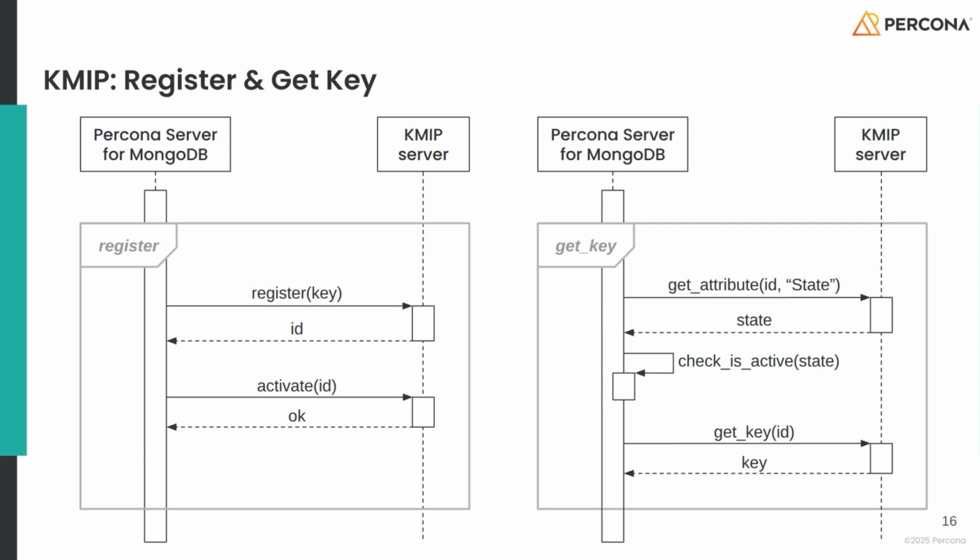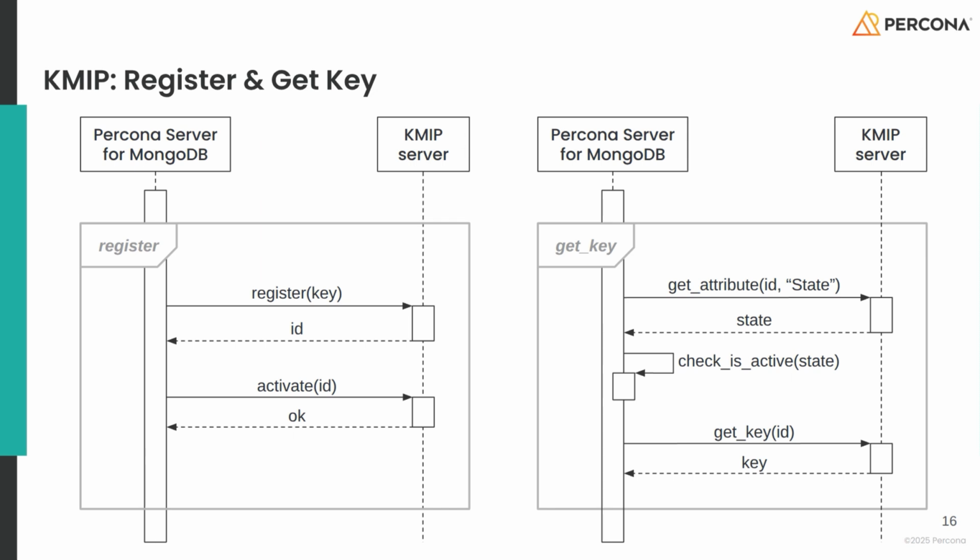Basically, it means that it is a compound thing, and essentially consists of two steps: actual registering and following activation. So after Percona Server for MongoDB encrypts anything with the generated key, the key itself is in active state.